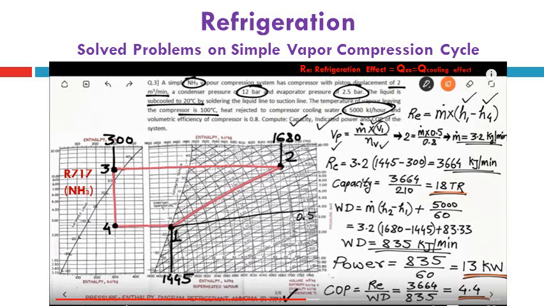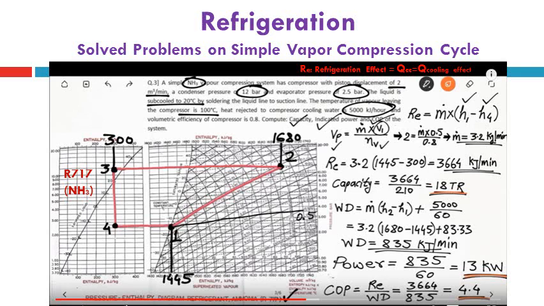So we have the mass flow rate of the refrigerant in kilogram per minute. If we need to transform it to per second, we have to divide it by 60.